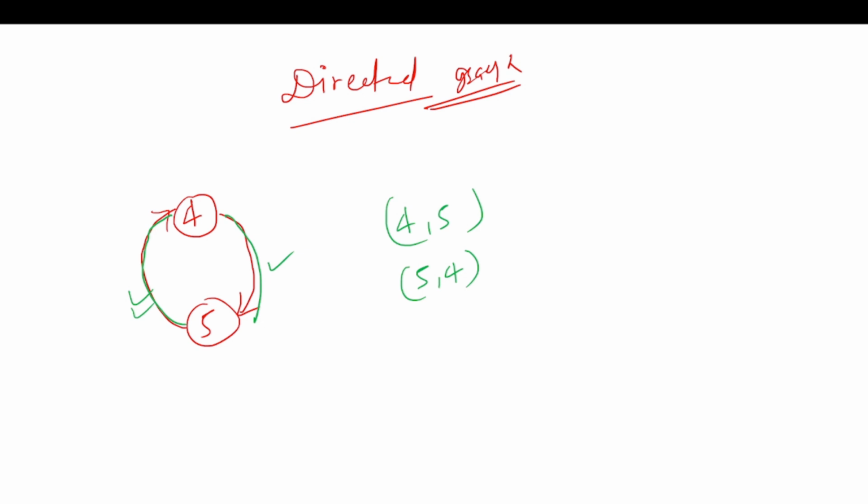So when we are talking about a directed acyclic graph, right? So what is an acyclic graph? Let me go to the next page. Okay, we are talking about DAG, right? So DAG is a directed acyclic graph. A DAG is a directed graph that does not have a cycle.